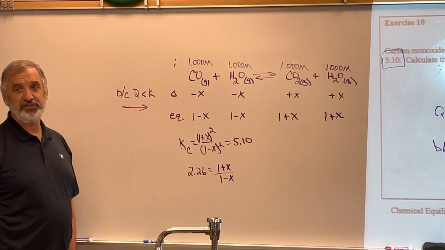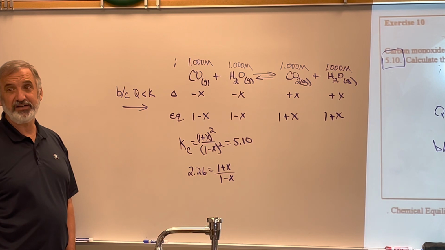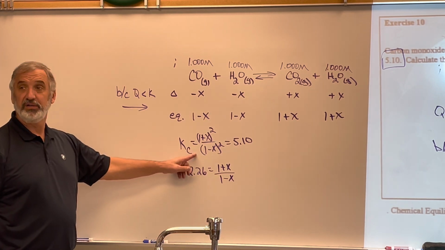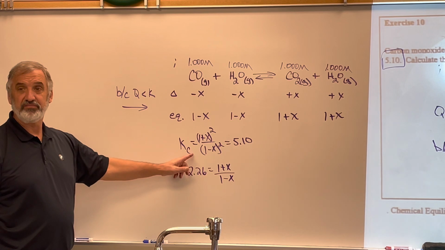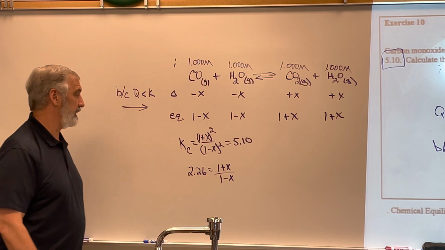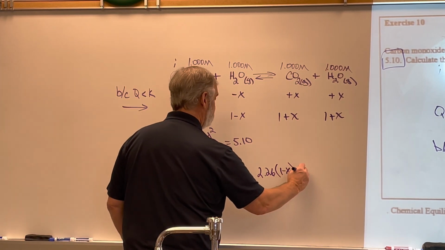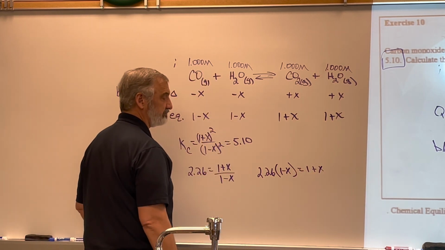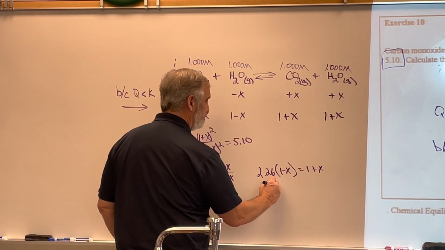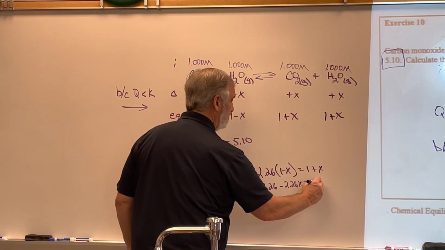Now, unfortunately, we've got to do some good algebra. If you have your fancy calculator, this is a good time to learn how to use your solve function on it. And just plug it in. You can even plug it in in this form and get the value of X. But how do we do it algebraically? Cross multiply. 2.26 times 1 minus X is equal to 1 plus X. So 2.26 minus 2.26x is equal to 1 plus x.